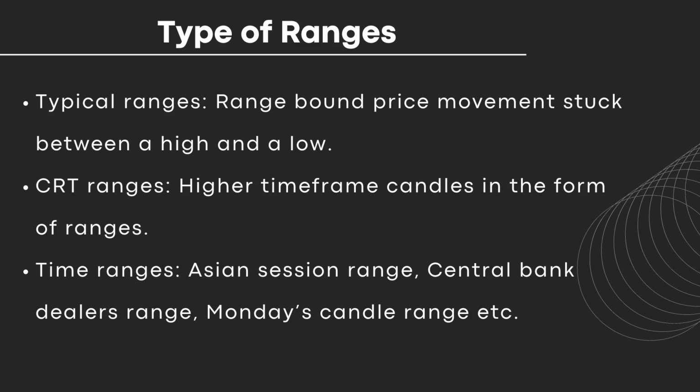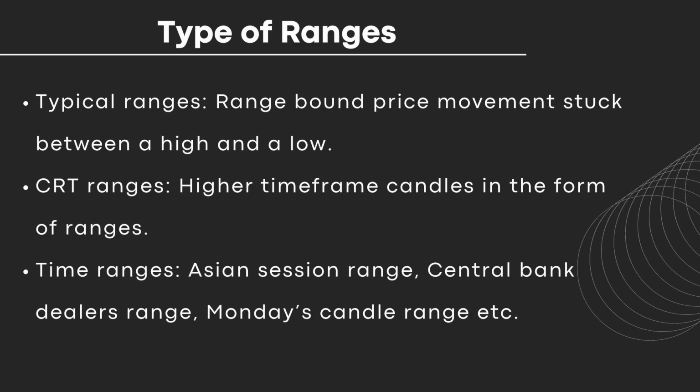And the next one we've got is CRT ranges. We are aware of this type of range as well, right? These are basically higher time frame specific candles that follow specific protocols that are used as ranges on the lower time frame. Now again, CRT ranges in themselves require a whole chapter, and I'll be making a few on it, discussing its detail and intricacies. But here's a brief summary of it.